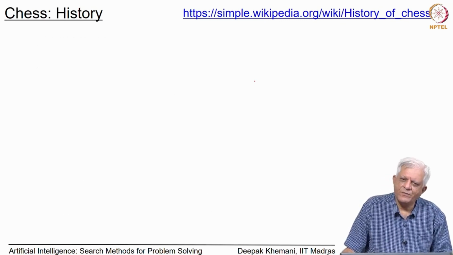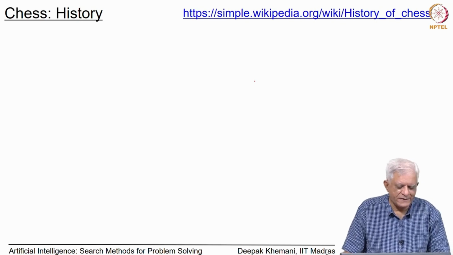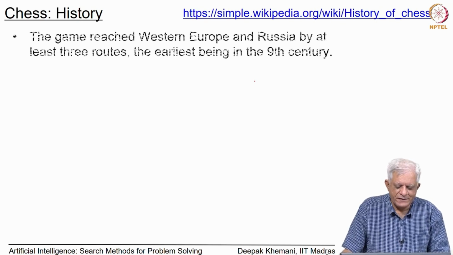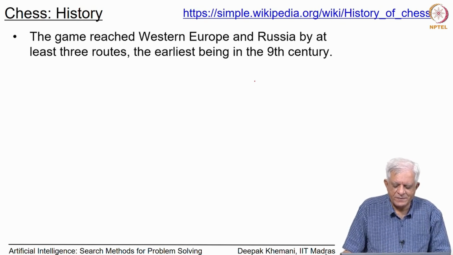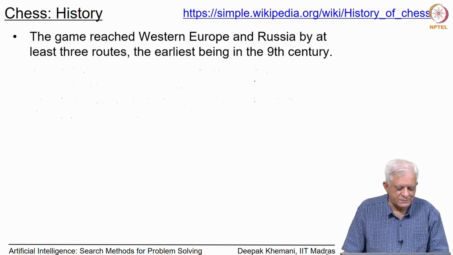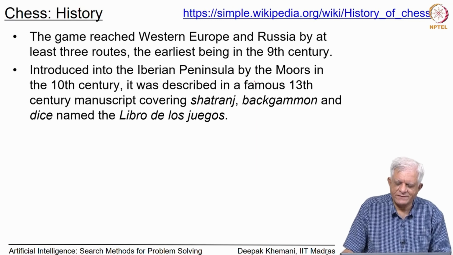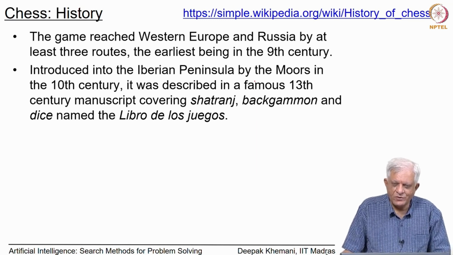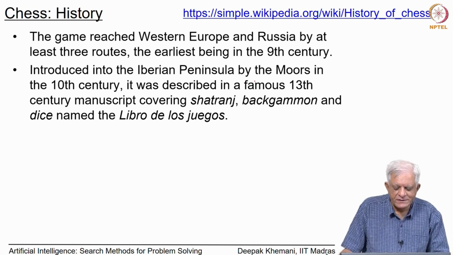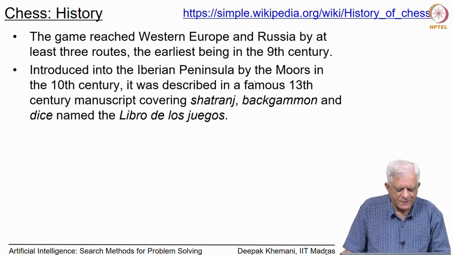Then the game moved from the Middle East to Western Europe and Russia by at least 3 routes, the earliest being in the 9th century. It was introduced into the Iberian Peninsula, which is where Spain is, by the Moors, who were Islamic people, in the 10th century.